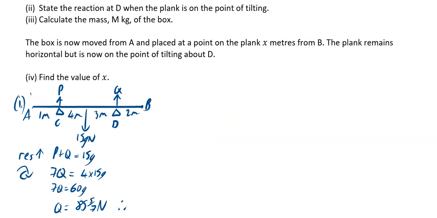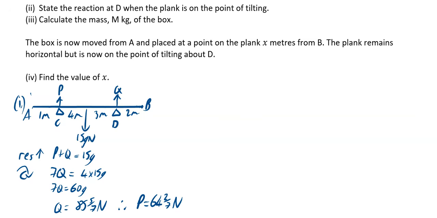So therefore, again, another wee bit of working out, your P works out to be 15G, which is 150 minus that 85 5/7, which is going to be 64 2/7 newtons.